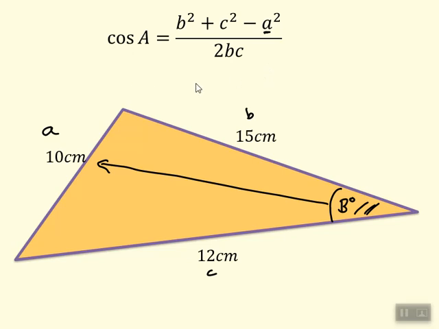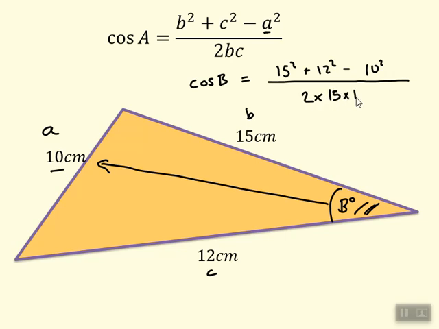So I'd have to write cos B this time is equal to, okay, so let's say B was 15 squared plus 12 squared, take away 10 squared this time, divided by 2 times 15 times 12, and then cos B is equal to that number.